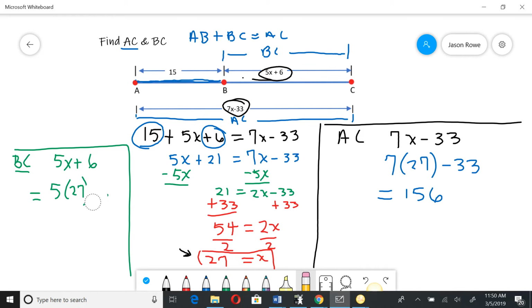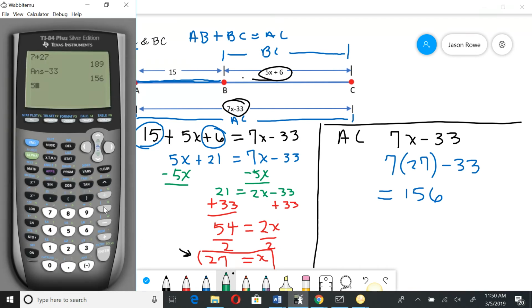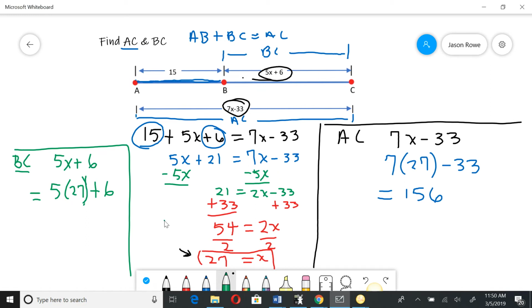Clean that up a little bit so it looks a little better. Again, if you've got your calculator, pull it out. 5 times 27 gives me 135. 135 plus 6 is 141.